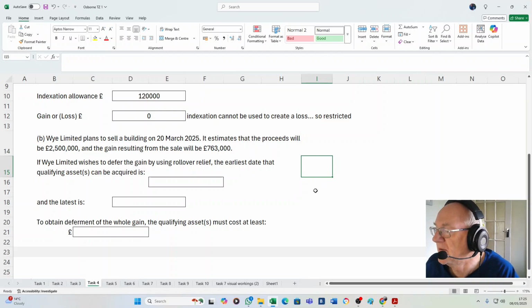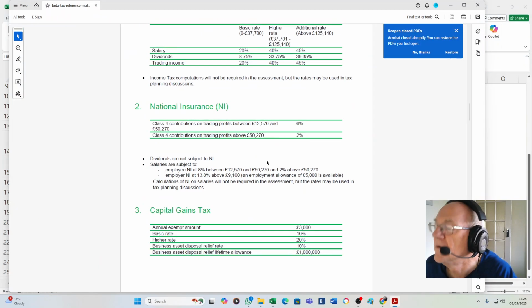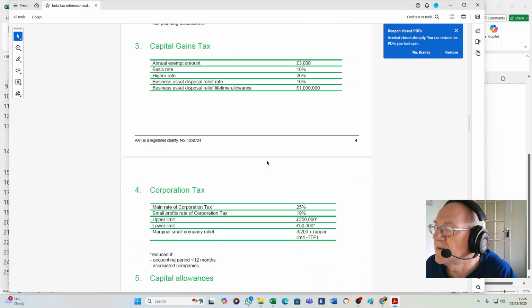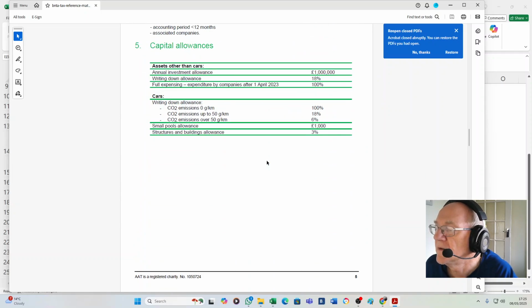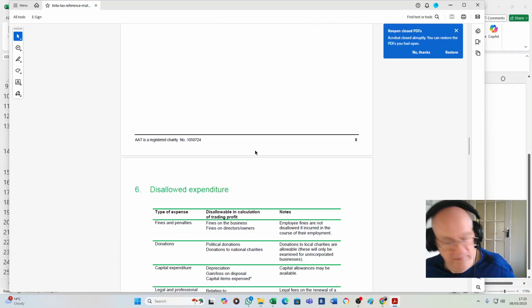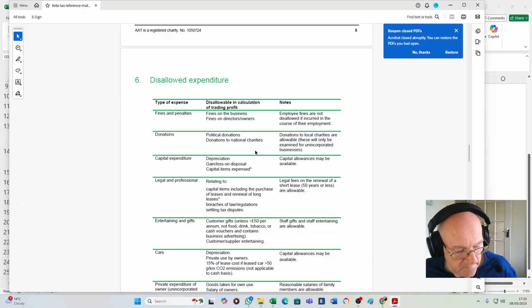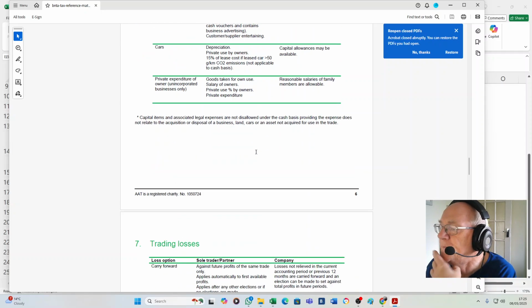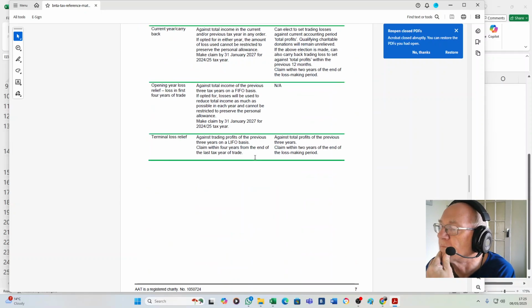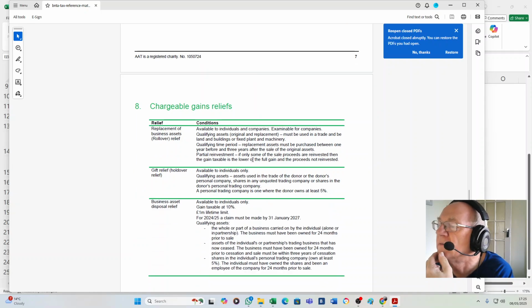So let's have a look at the information in the reference material. It's all about the gain and rollover relief. So it's this top bit here, replacement of business assets.